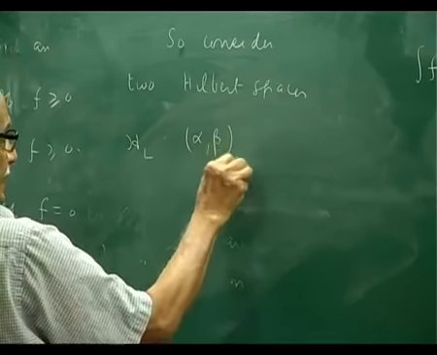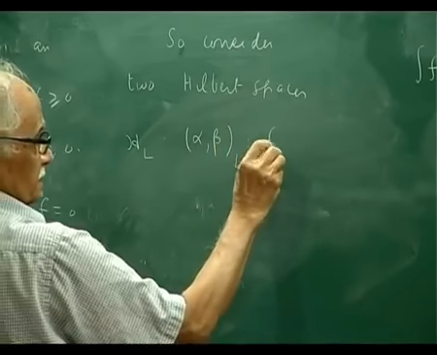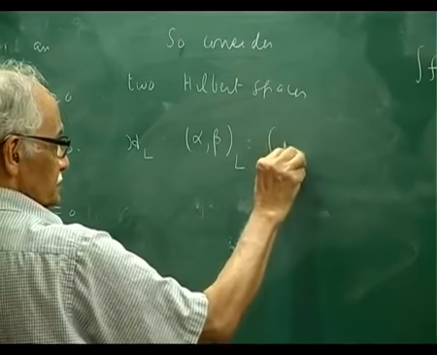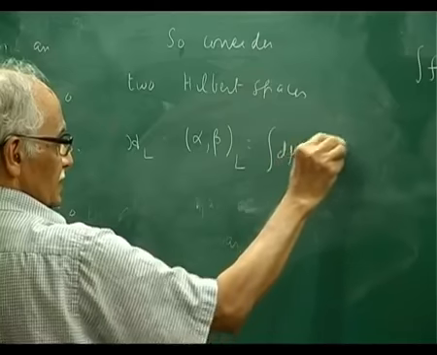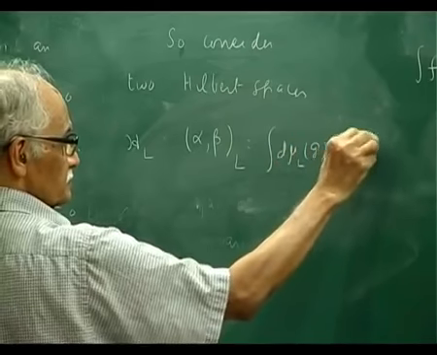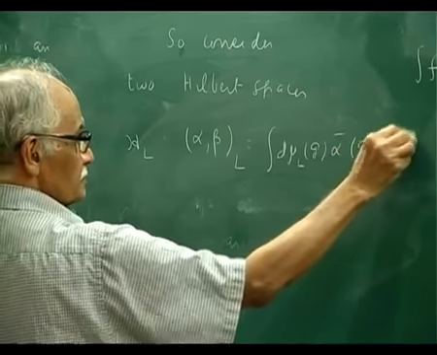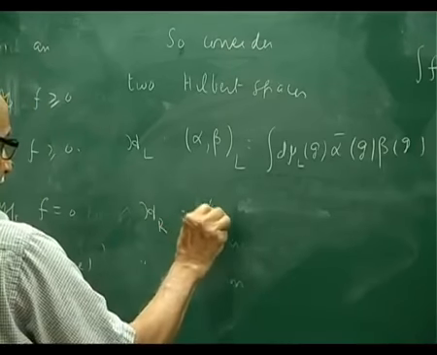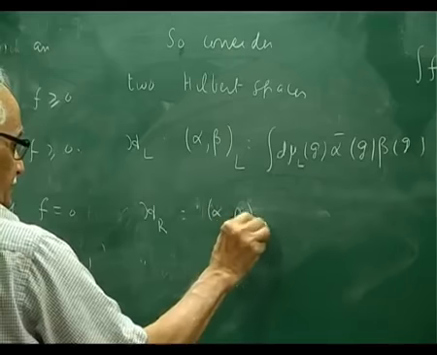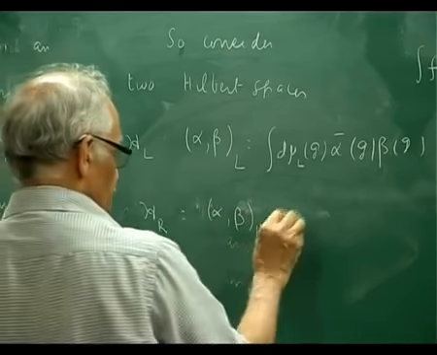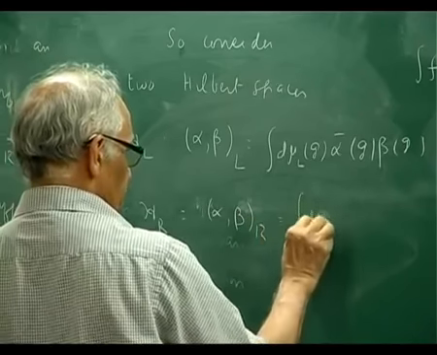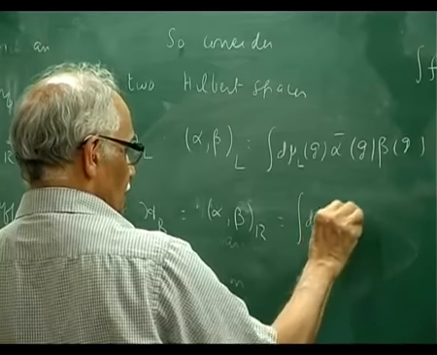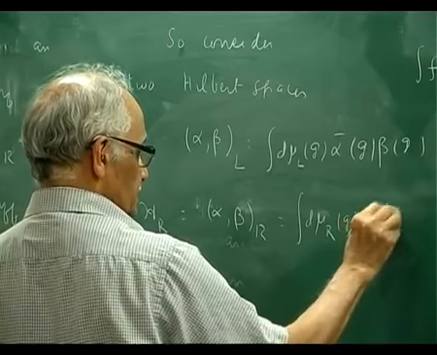H_L is alpha beta left, which is the integral d mu_L of G, alpha bar of G beta of G, and I write H_R, which is alpha beta right, which is the integral d mu_R of G, alpha bar of G beta of G.